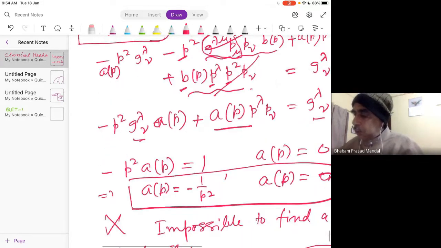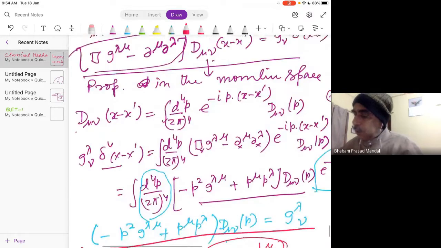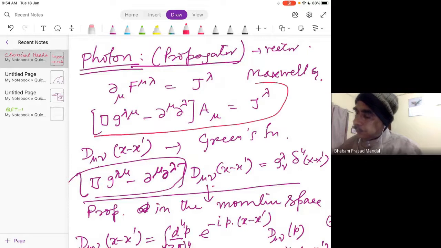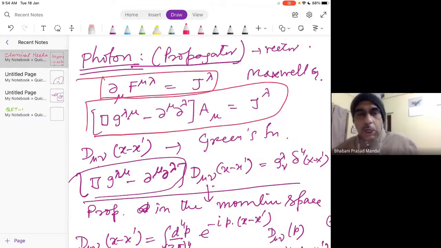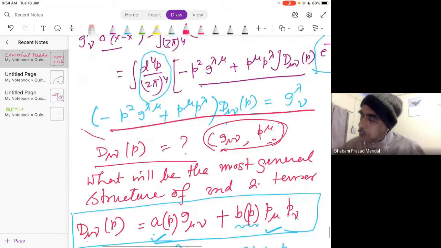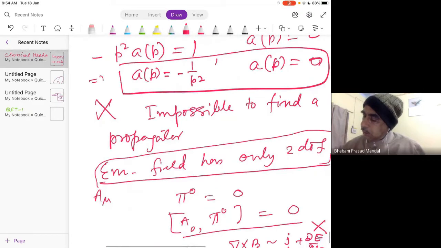Now this problem can also be understood from here. When I consider this equation, you know there are other Maxwell equations, but you have not considered them. You remember del mu G mu nu equal to 0. The equation we used is the inhomogeneous equation, which corresponds to these two equations. But where are these other two equations?